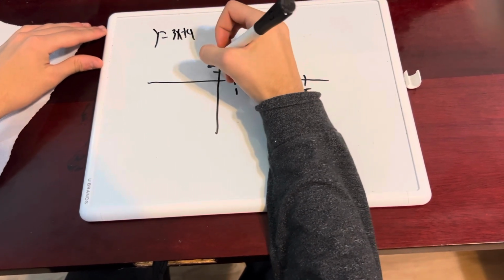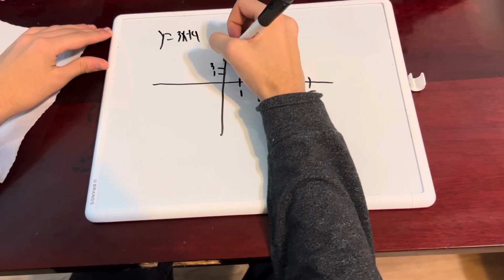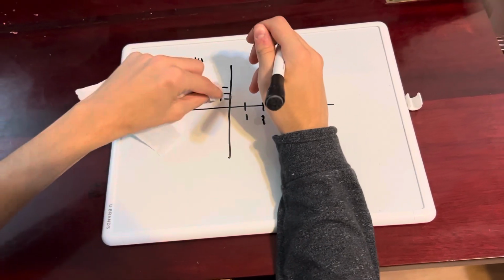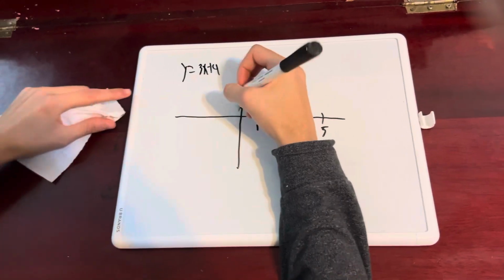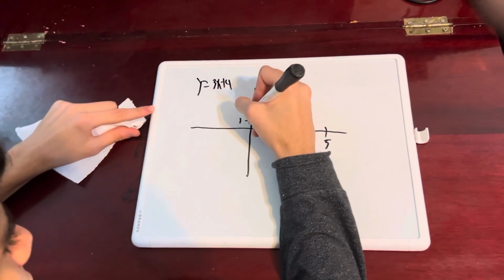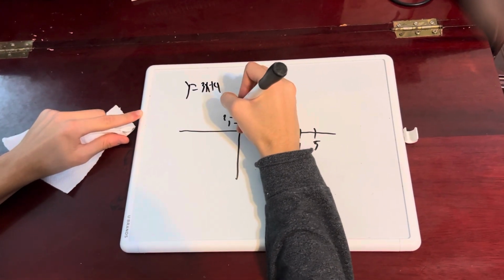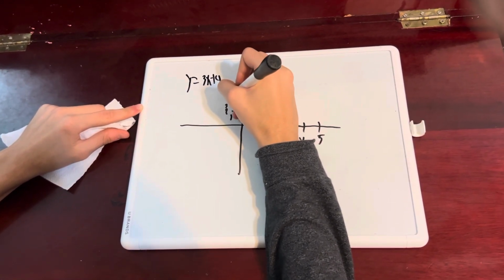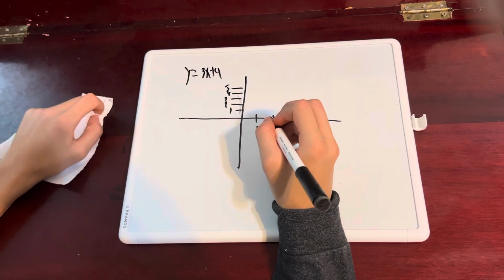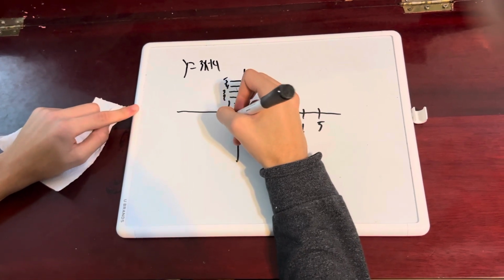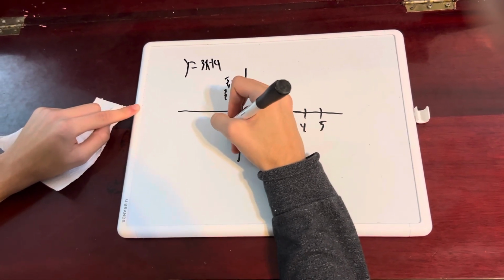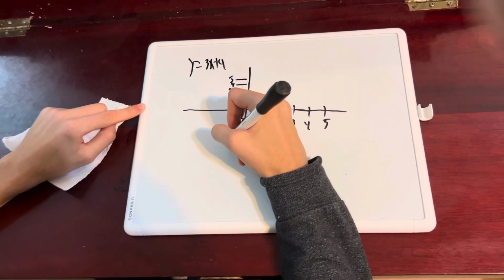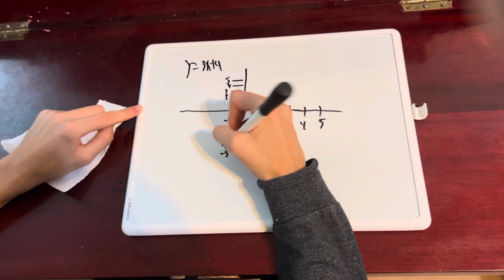Let's make it organized. So you would have 1, 2, 3, 4, and 5, right? And then here you would have minus 1, minus 2, minus 3, minus 4, and minus 5.